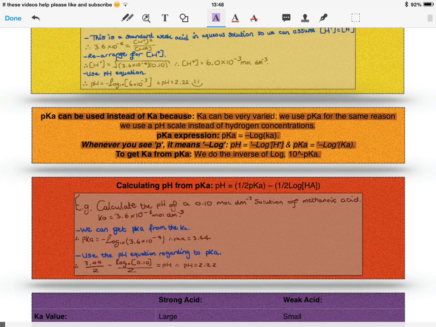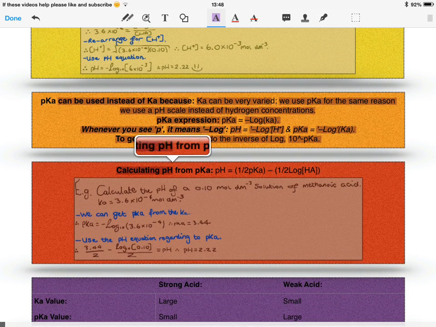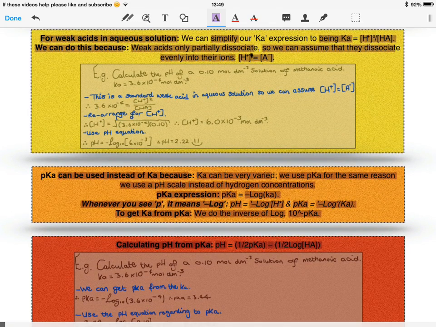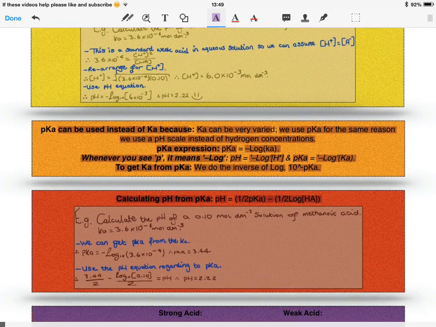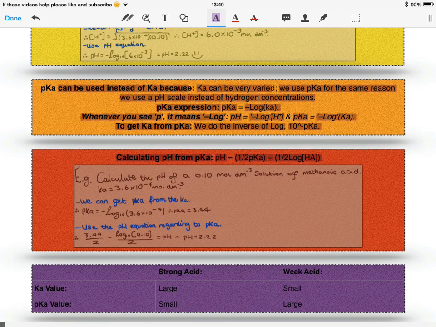There's another way of calculating pH, and this is using pKa, and the equation for this is pH equals half pKa minus half of the log of whatever the concentration of the acid is. Using the same example I used for the previous equation, which was [H+] squared all over [HA], again, calculate the pH of a 0.10 mol per dm cubed solution of methanoic acid, where Ka is 3.6 times 10 to the minus 4 mol per dm cubed.